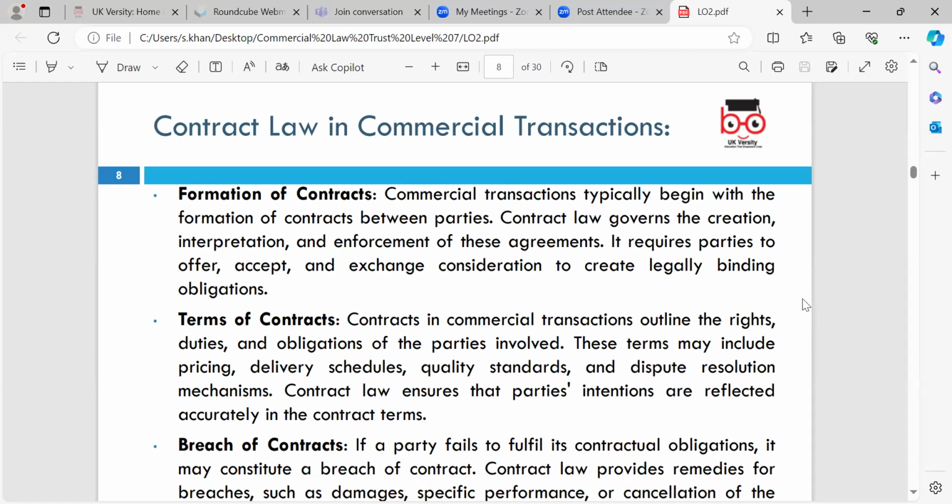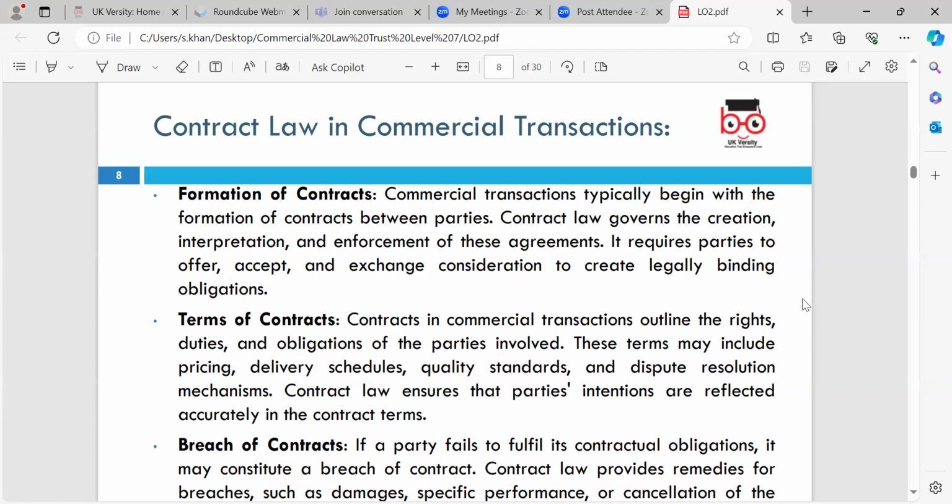And there must be consideration, which is that the parties must have exchanged something of value between them, for example, the payment of money in return for goods or services. And then intention to create legal relations: the parties must intend for the contract to be legally binding. In a commercial setting, there's a presumption under common law that parties intend for their contract to be legally binding.